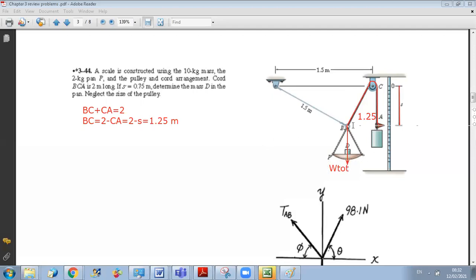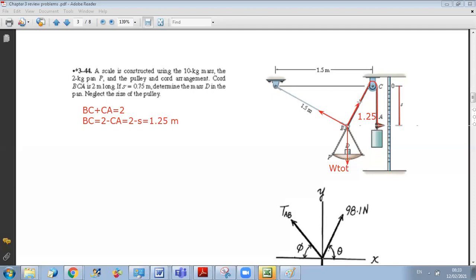And I have two tensions, the tension in this cable, so this is the first cable, and I have another tension here.